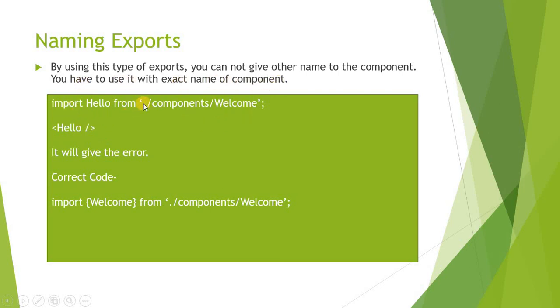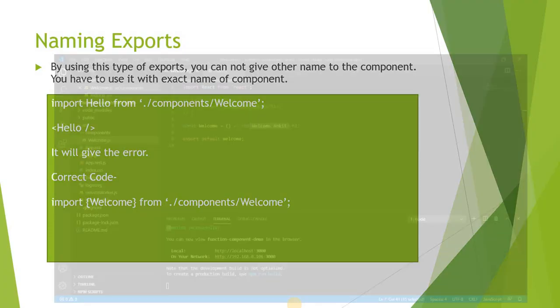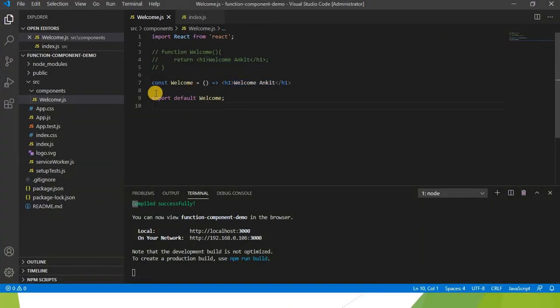So if you give another name to the welcome component as hello, and you call it as hello, it will give you an error. Why? Because this component is a named export.